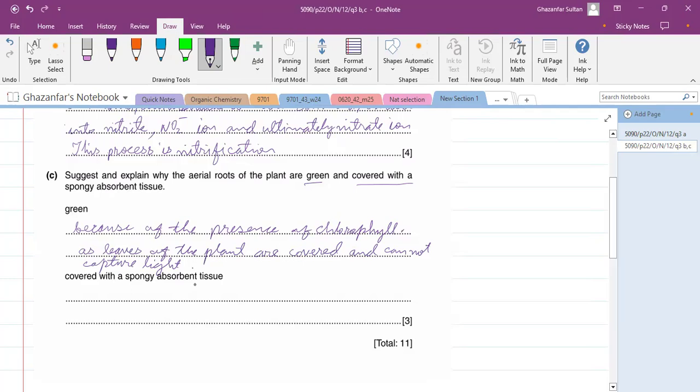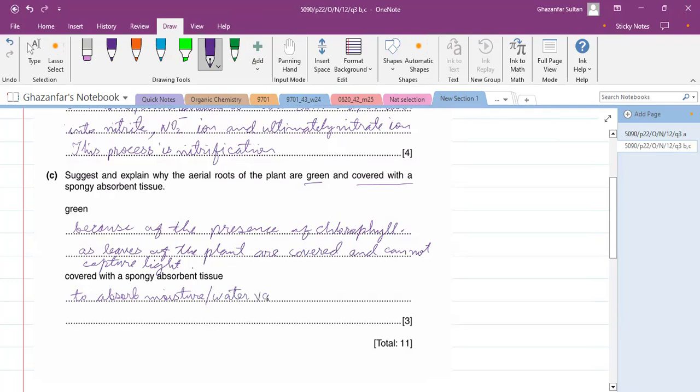So it is covered with spongy absorbent tissues. It is to absorb moisture or water vapors.